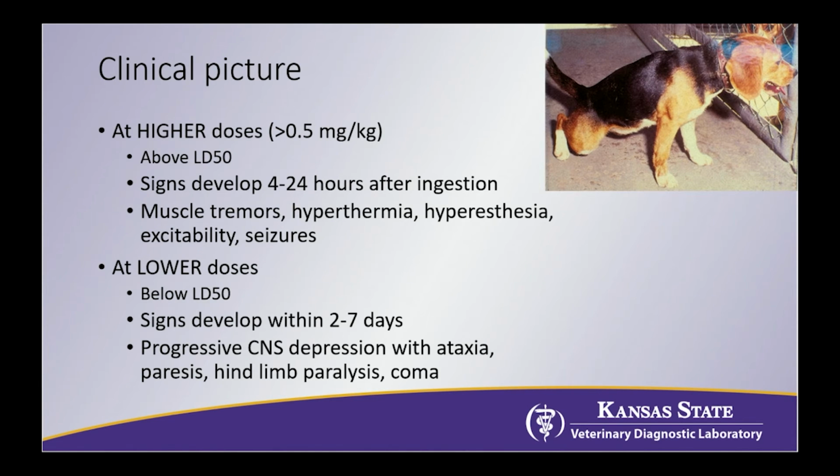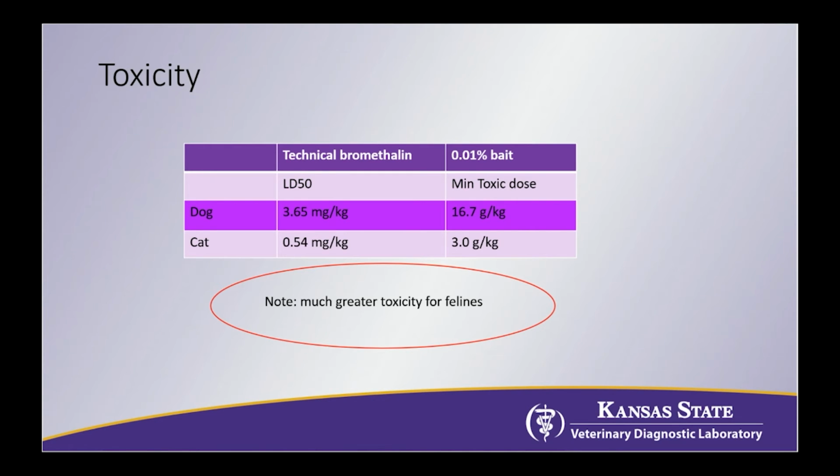At higher doses, we may see some clinical signs that are a little different than at lower doses. Sometimes we see just leg weakness, ataxia, mild limb paralysis at lower doses. So again, the biggest issue with bromethalin, besides the fact that it's hard to treat, is that cats are exquisitely sensitive to that. So if they do get into bromethalin, they're going to get into trouble at a lot lower dose.